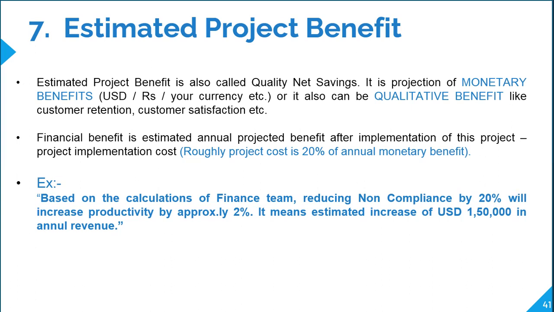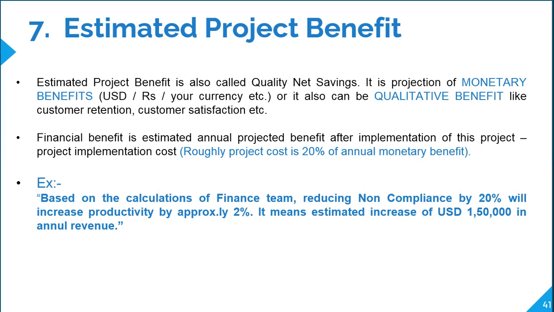When you work on this given project, there are some efforts associated, and effort always comes with a cost. So they subtract that amount of your efforts from the projected benefit, and whatever is left will be the estimated benefit of a given project on an annual basis.